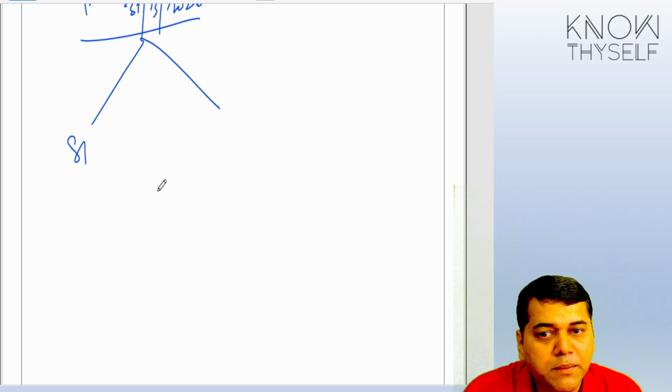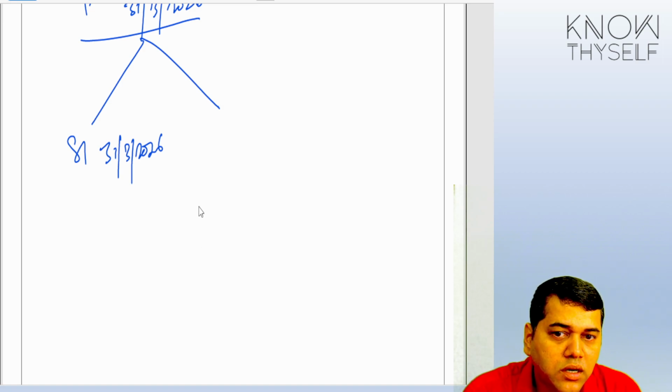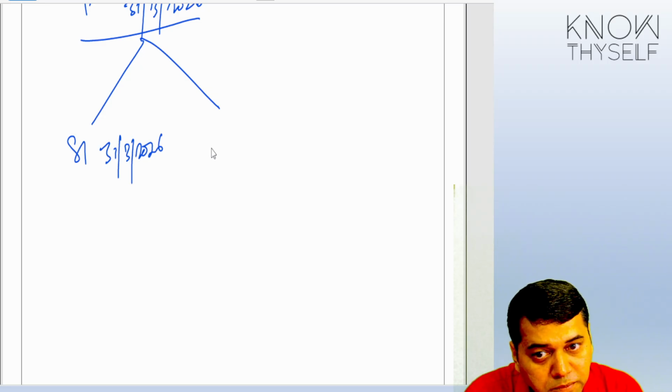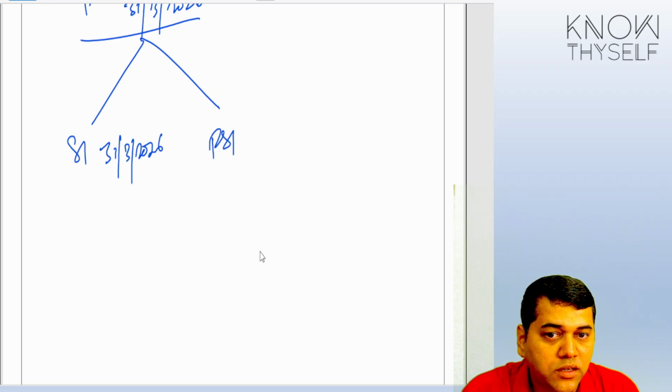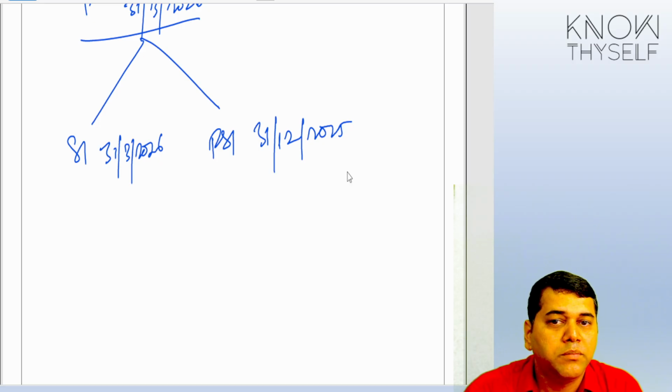They will also prepare the balance sheet on 31st March 2026. But what about a foreign subsidiary sitting in USA whose financial year ends on 31st December 2025? Because they don't prepare any balance sheet on 31st March 2026.